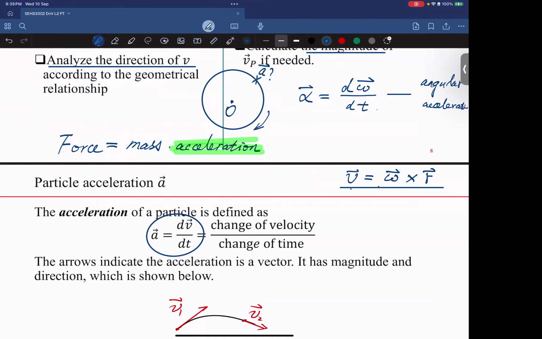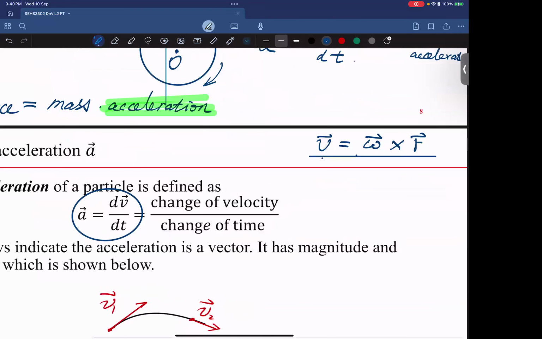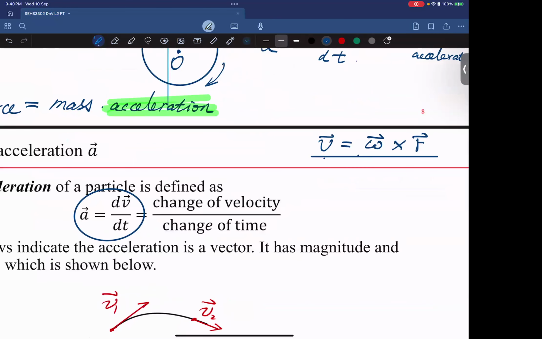So for such an acceleration, we can do a calculation like this. This is A, not alpha, okay? It's dv over dt, and the dv over dt is d of omega cross r, over dt.